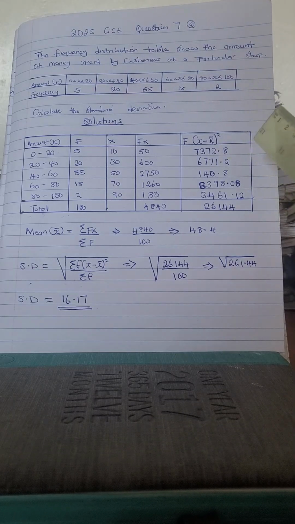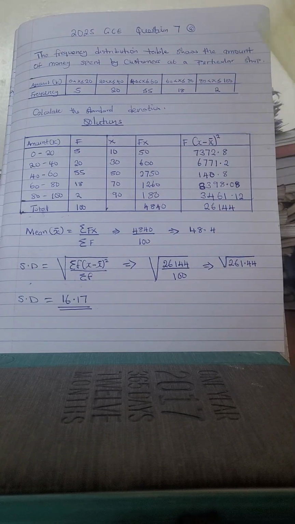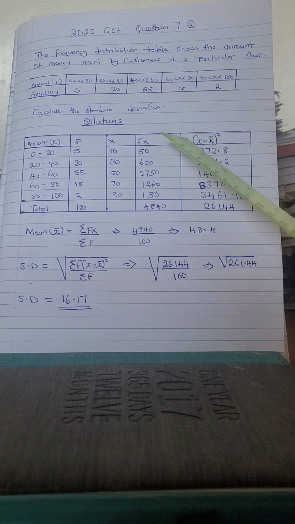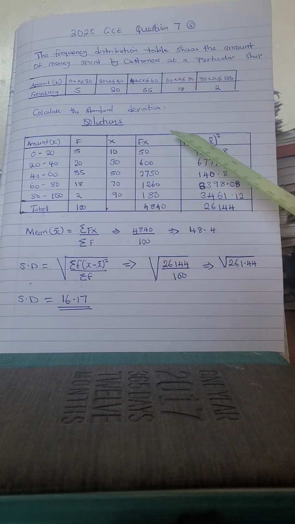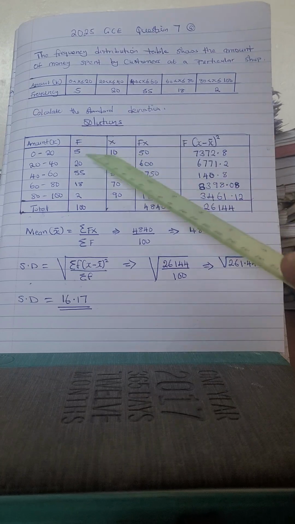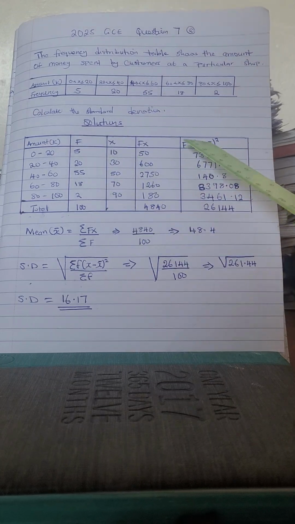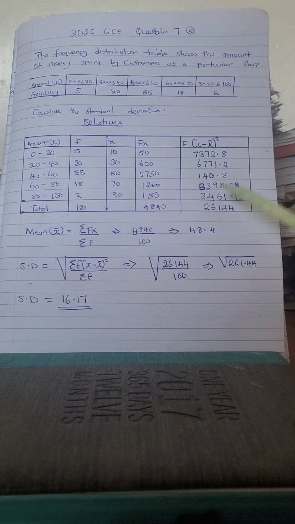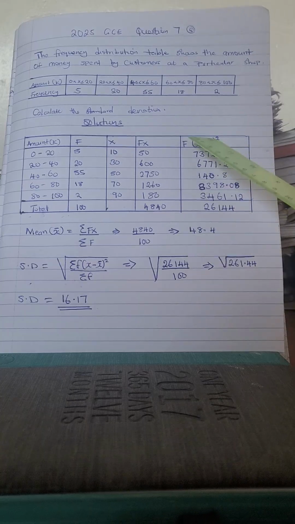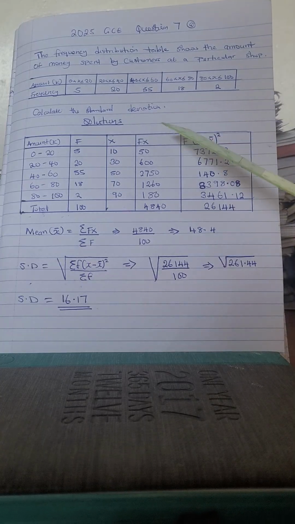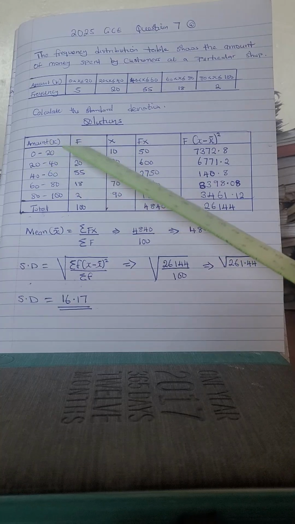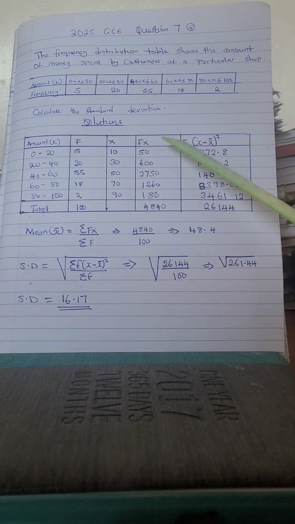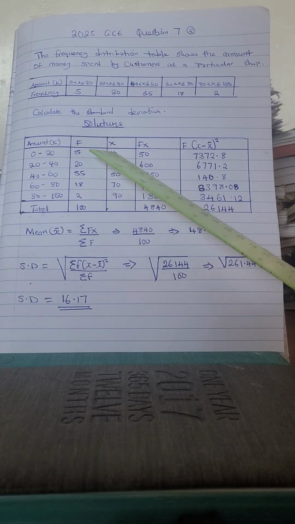Now, look here. What is happening here is we need to have f, which is here. This is the f. Then open bracket x, this is the x. Then minus x bar. X bar is this one here. Then you square. So here you are going to type 5 open bracket, x is 10.